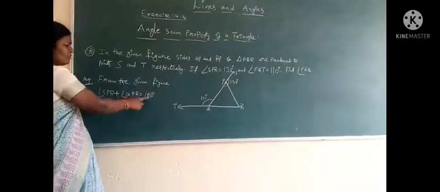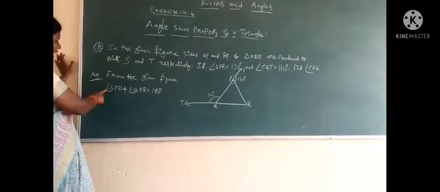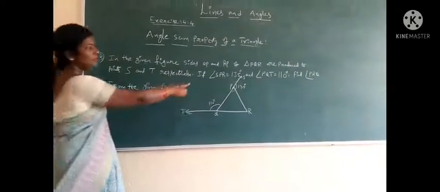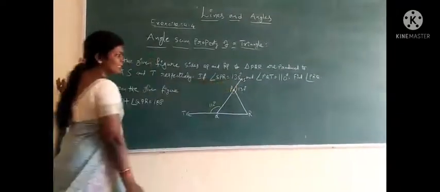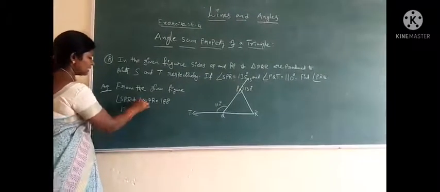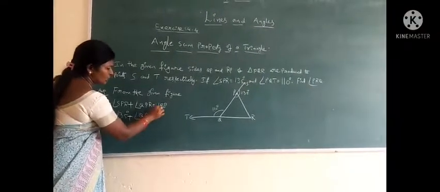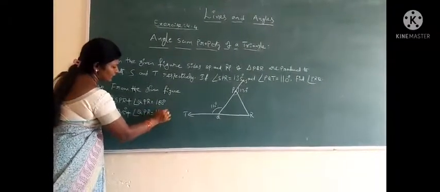So angle SPR value is 135 degrees. 135 degrees plus angle QPR is equal to 180 degrees.